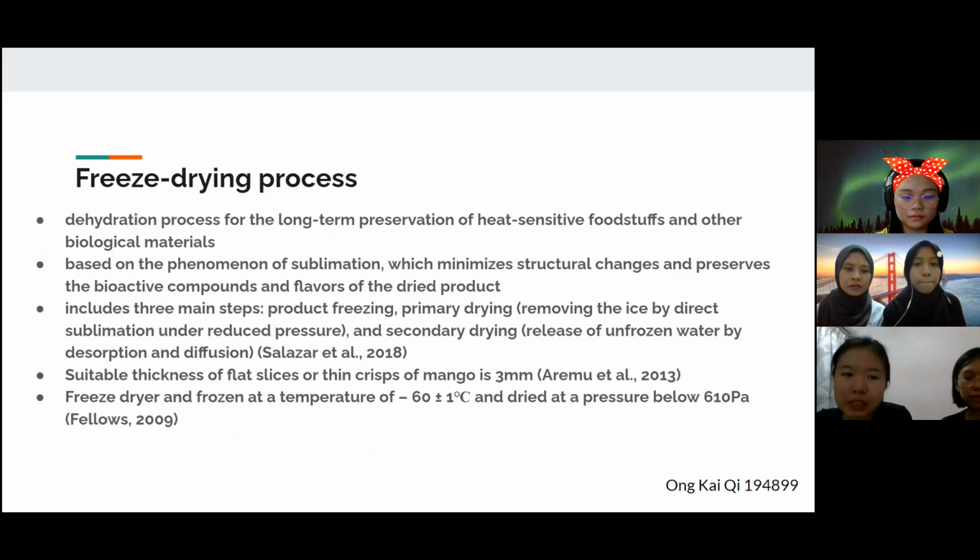The freeze drying process includes 3 main steps: product freezing, primary drying, and secondary drying. The suitable thickness of flat slices or thin crisps of the mango is 3 millimeters, and the temperature should be at negative 60 degrees Celsius at a pressure below 610 Pascal.